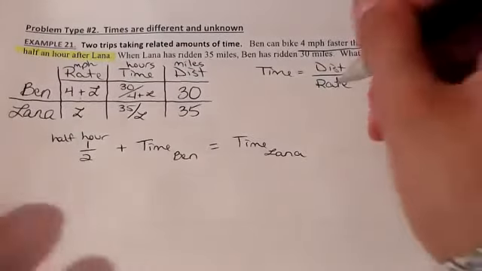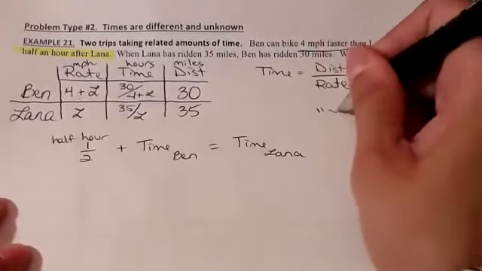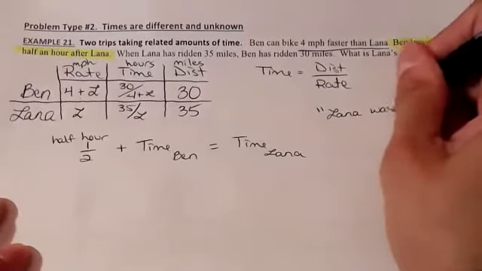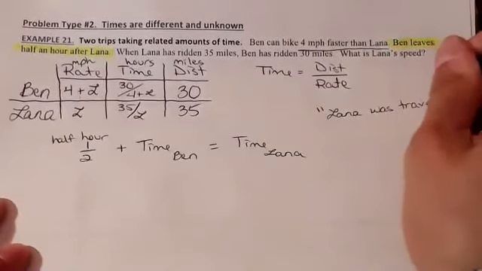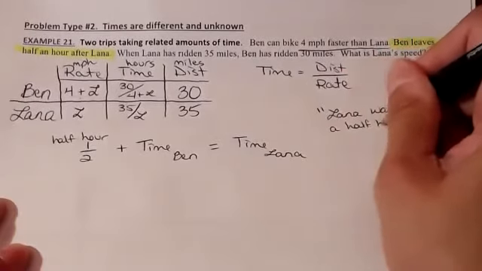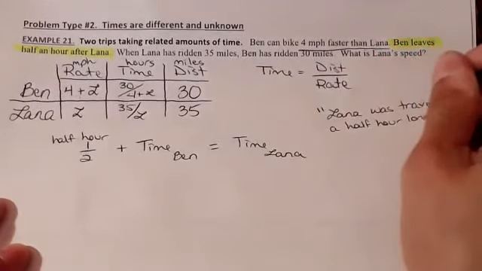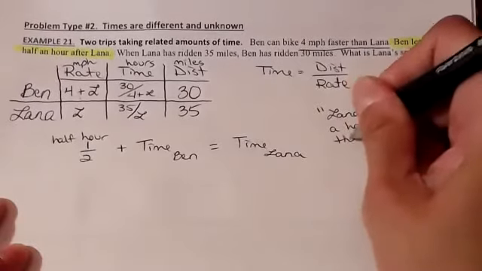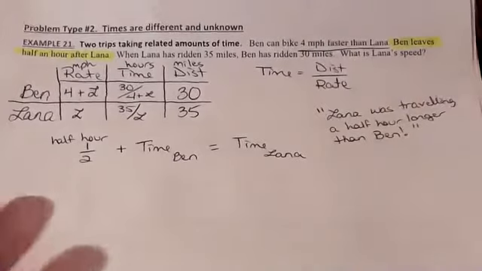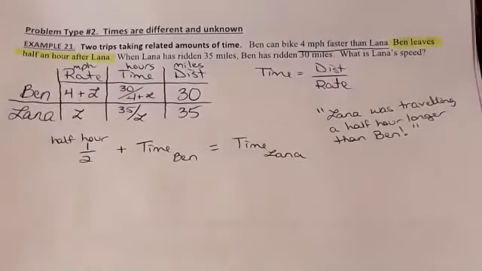I'm going to write in words what I just said. Lana was traveling a half hour longer than Ben. That's what that statement says. If Ben leaves a half hour after her, that means that Lana was traveling for a half hour longer.